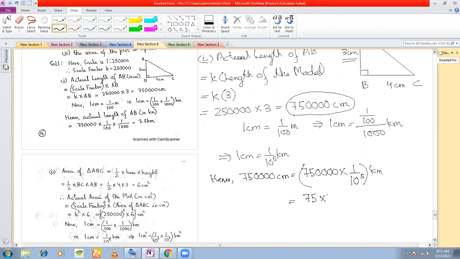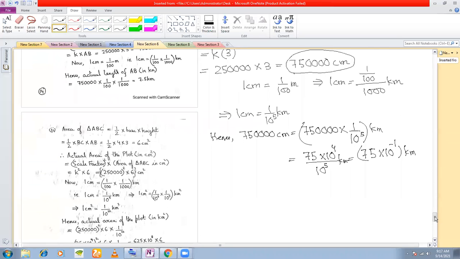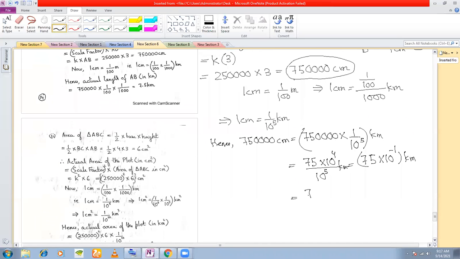You write this as a power of 10, which is 75 into 10 to the power of 4 minus 5, which is minus 1 kilometers. You take 10 in the denominator, which is equal to 7.5 kilometers.